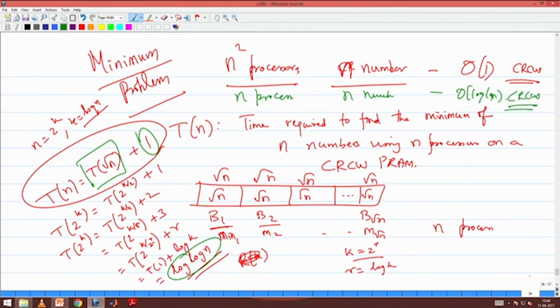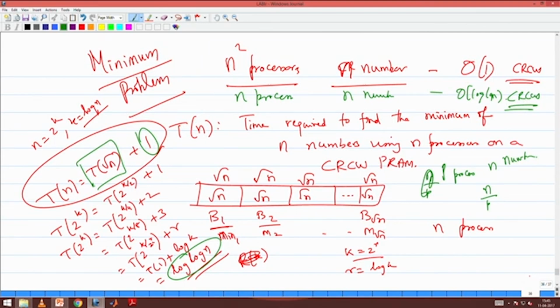Now what will happen if I say p processors and n numbers, with p much less than n? I will take the minimum of n by p numbers in each, then I will have p elements and p processors.